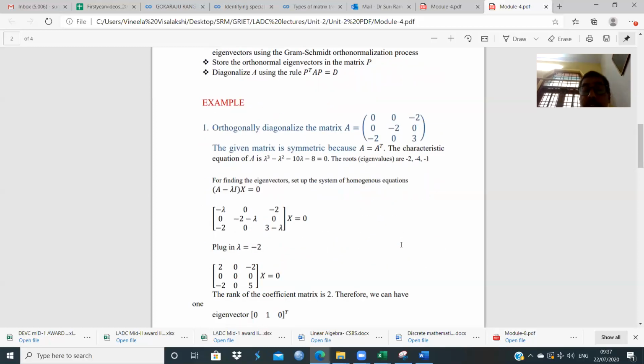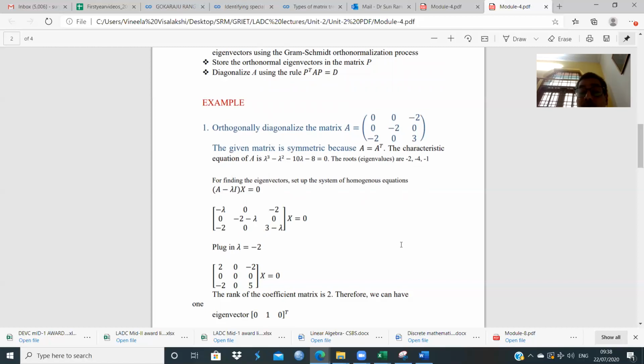So once again, let us remind ourselves that we are focusing only on symmetric matrices in this lecture. The first matrix that has been selected is the matrix 0, 0, minus 2; 0, minus 2, 0; minus 2, 0, 3. Now one can check that this is a symmetric matrix. And then you find the characteristic equation, lambda cube minus lambda square minus 10 lambda minus 8 is equal to 0.